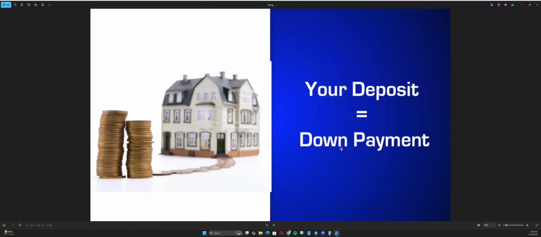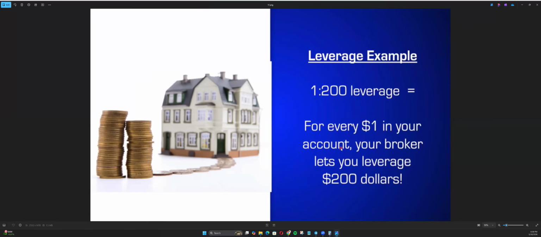So leverage is kind of like your deposit equals your down payment. And you could see leverages up to this, or that looks like this. Let's say, for instance, 1:200 leverage. For every $1 in your account, your broker helps you leverage $200 in the market.